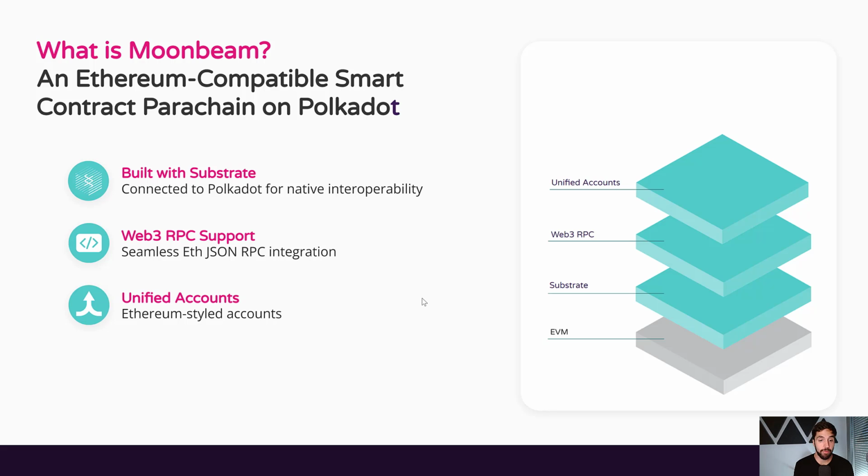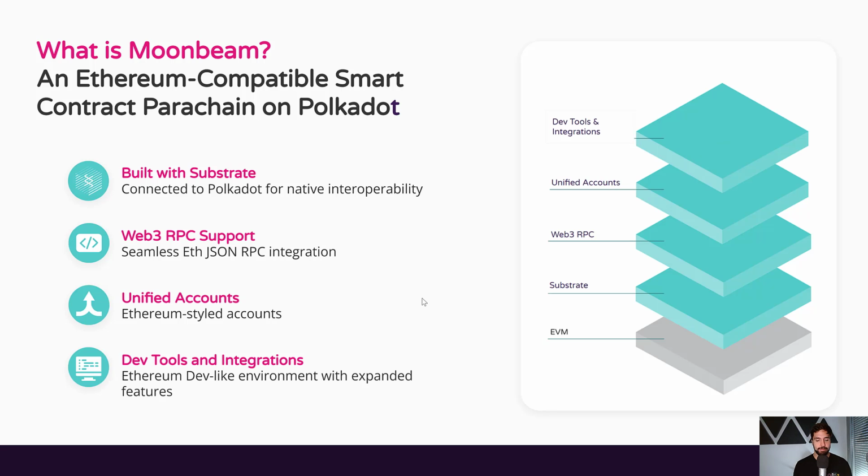So we've modified our Substrate chain so that it uses the Ethereum account system and signature algorithm. The main benefit is that users who want to interact with Moonbeam's EVM can do so from their Substrate account, because in our parachain we use Ethereum-styled accounts compared to other parachains.